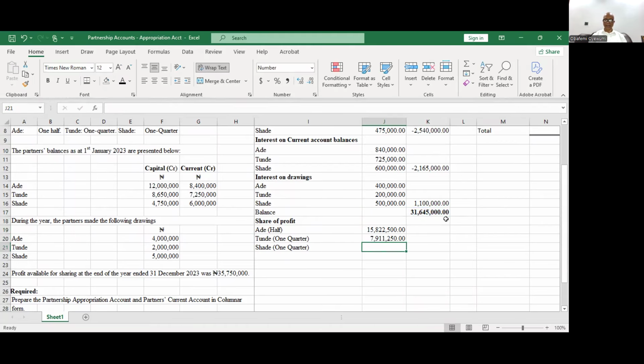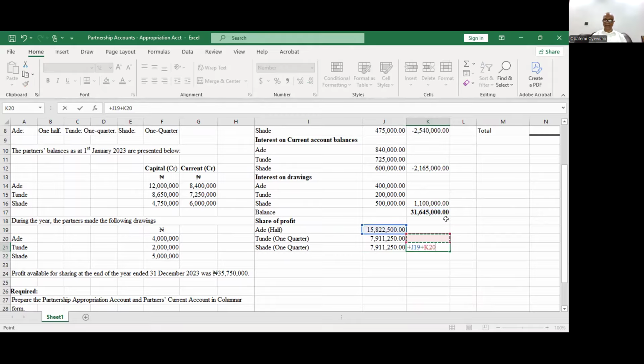And then again, Shade is also going to have a quarter, divided by 4. So at the end of the day, when you add everything together, you're going to have the same amount. This amount has been appropriated and shared among the different partners, Ade, Tunde, and Shade. So there will be nothing left by the time your appropriation is done.